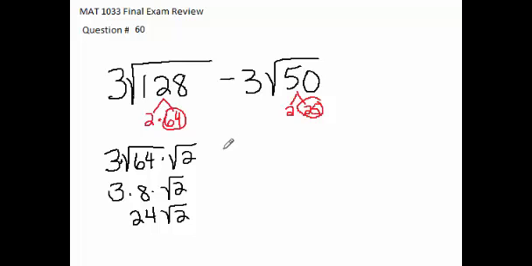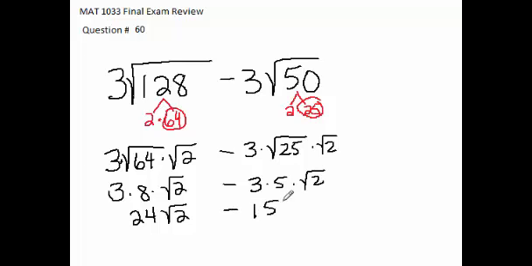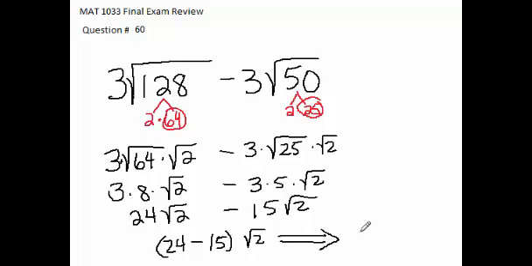So we've got minus 3 times the square root of 25 times the square root of 2, and then minus 3 times 5 times the square root of 2, minus 15 square root of 2, factoring out the square root of 2, and combining those values, 24 minus 15, we end up with 9 square root of 2 as the difference. So we could add those after all.